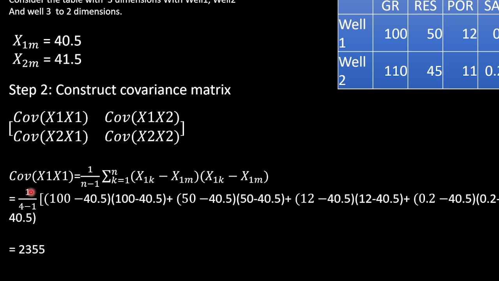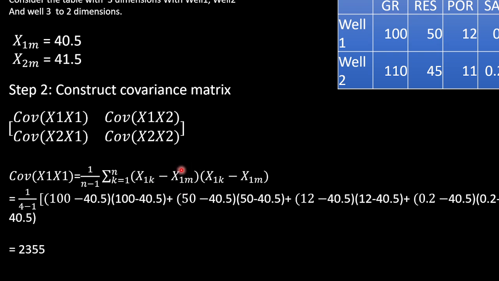The formula for covariance of x1 is 1 by n minus 1, where n is the number of points, so 1 by 4 minus 1, times the summation from k equal to 1 to n, that is 1 to 4, of x1k minus x1m.